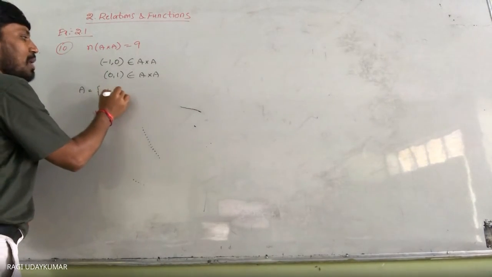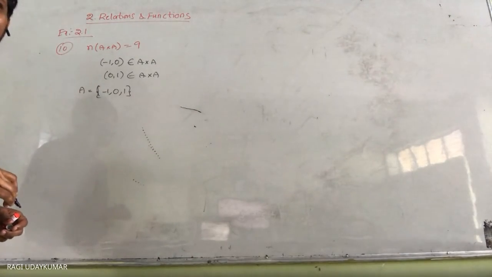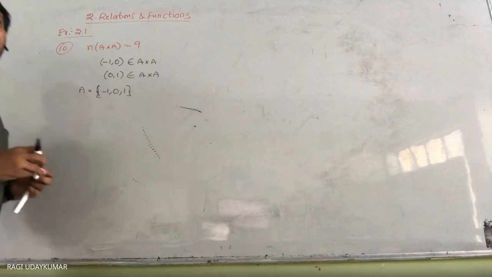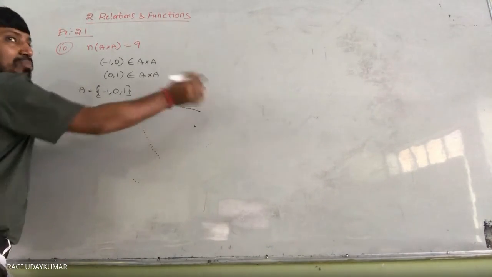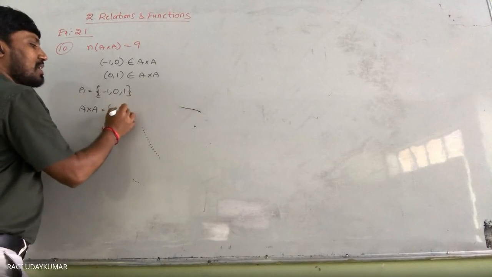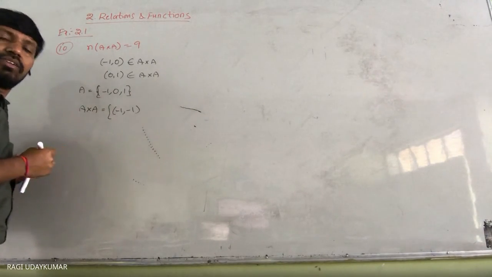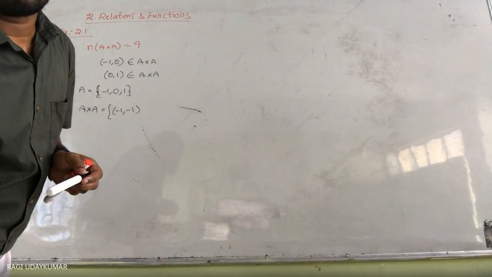That means -1, 0, 1: 3 elements are there. Now, to find A, after finding A, write A cross A completely: (-1,-1) and so on, 9 elements you can write, right? So you can do that. Complete that one, exercise 2.1.